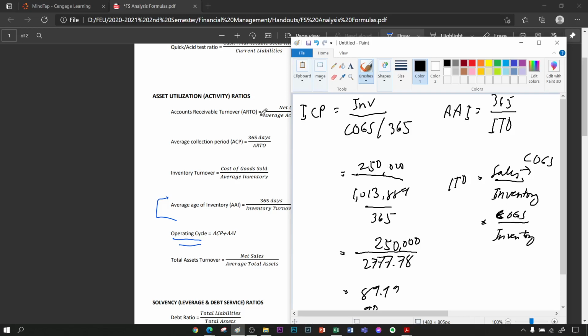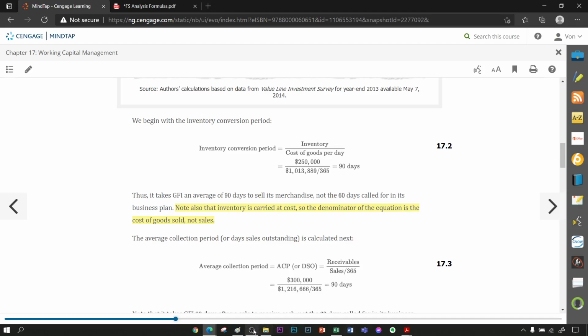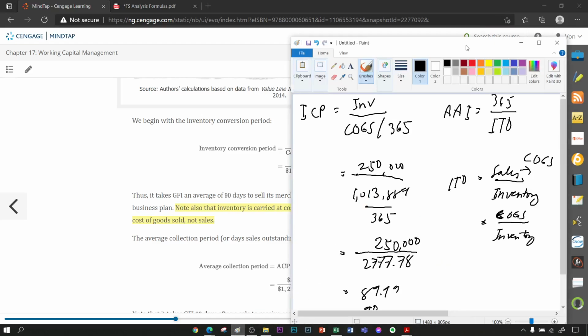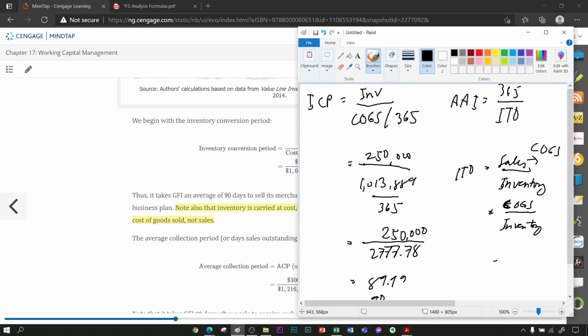Okay, try nga natin kung ano yung COGS over inventory pag sinolve natin. Magkano yung cost of sales natin ulit? 1,013,889 divided by magkano inventory natin? 250,000. Okay.